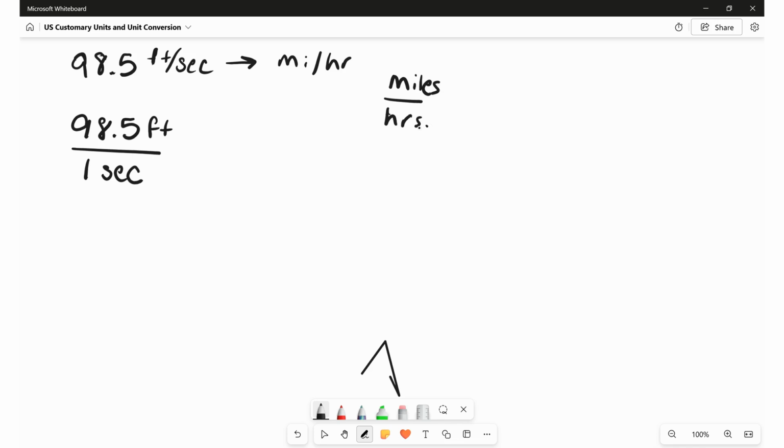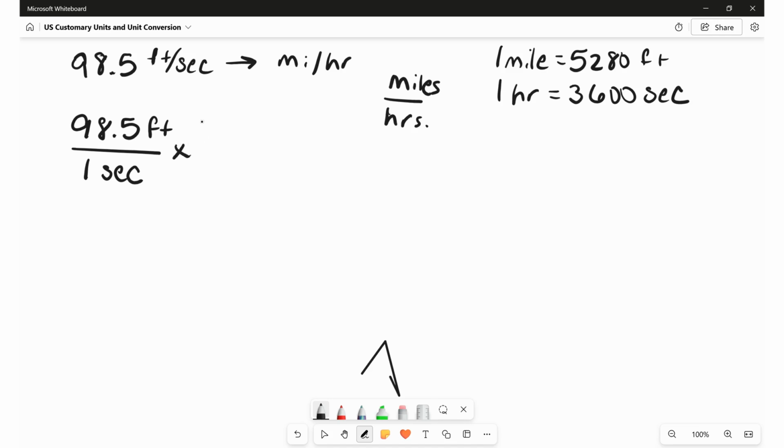We happen to know a couple of things here. From our unit conversion, we know that 1 mile is the equivalent of 5,280 feet, and that in 1 hour, there are 3,600 seconds. It doesn't matter which one you do first.